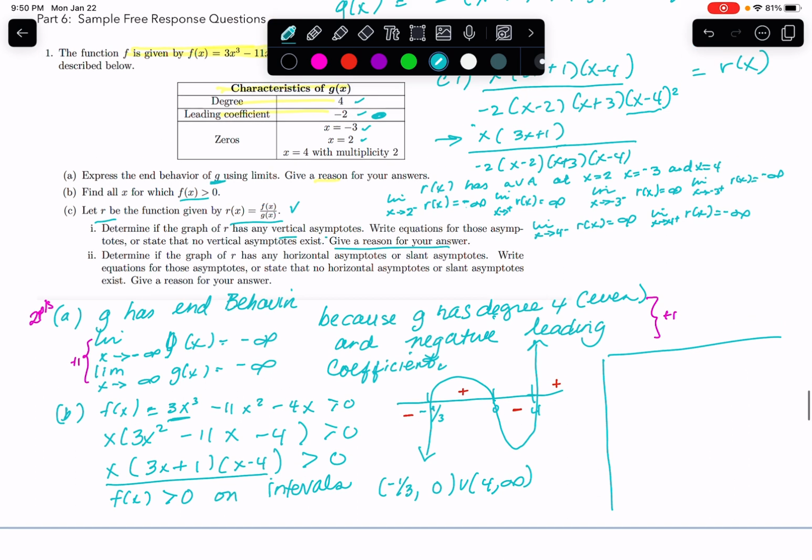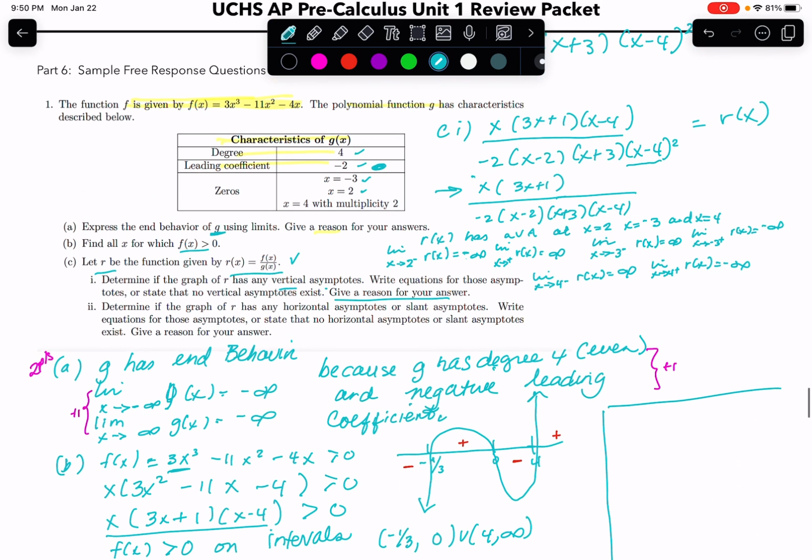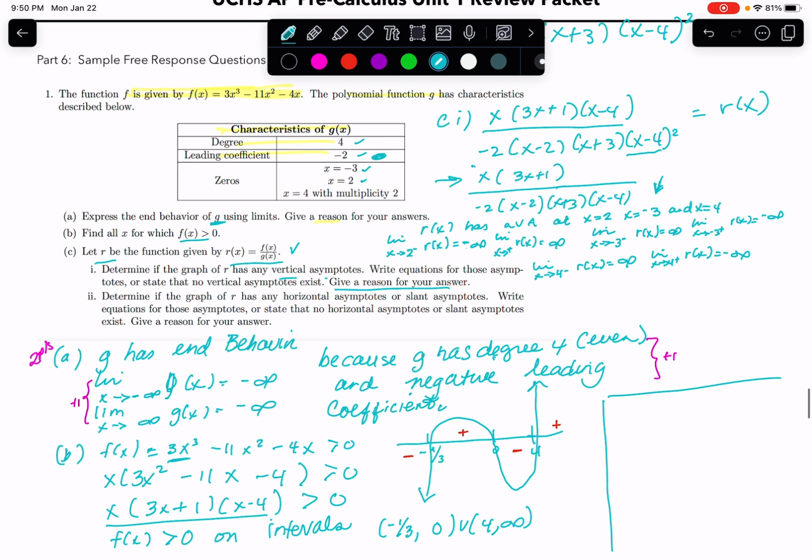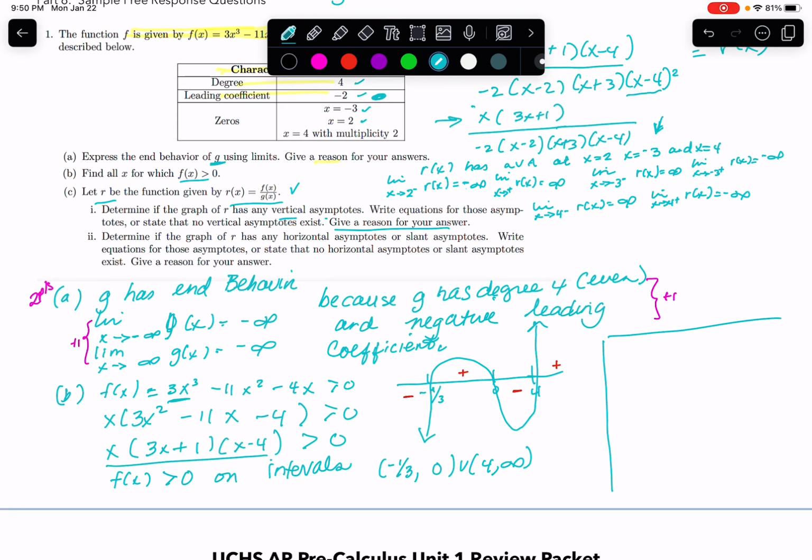So hopefully, if we look at our function, we can see that we have a larger degree in the denominator, so we will have a horizontal asymptote at y equals 0.